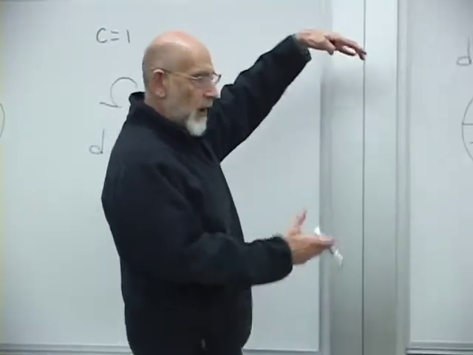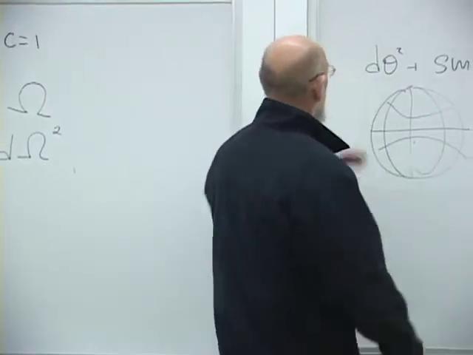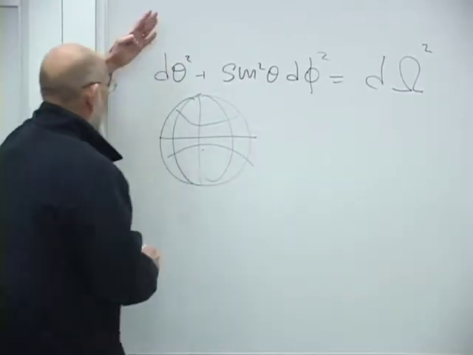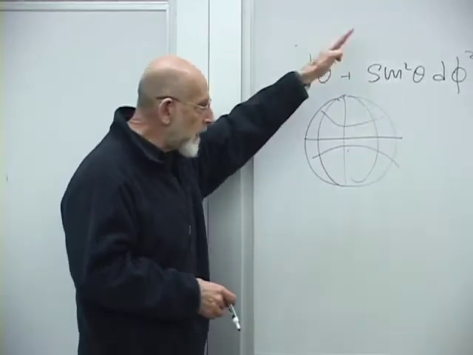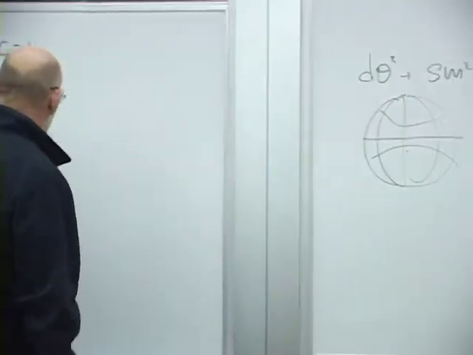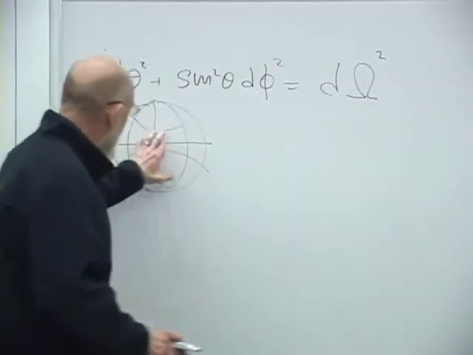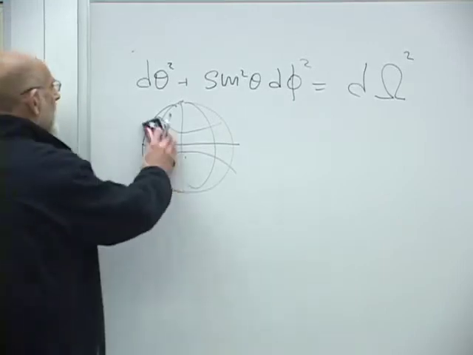If the sphere had some other radius, then the metric would simply have the square of the radius multiplying the whole thing. But we're going to be drawing a unit sphere. Okay, let's put in what happens if the radius of the sphere is not 1.